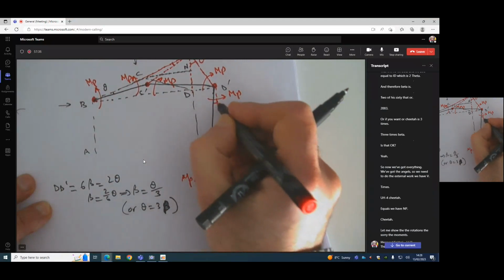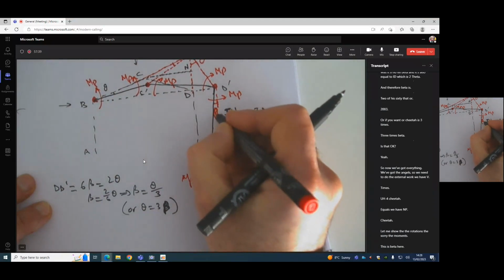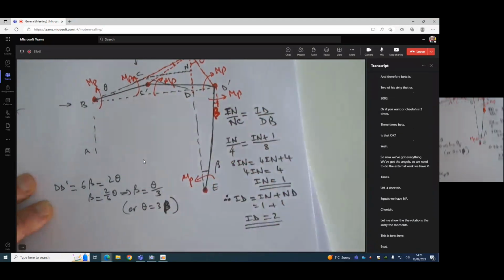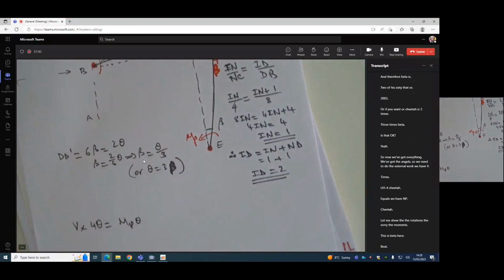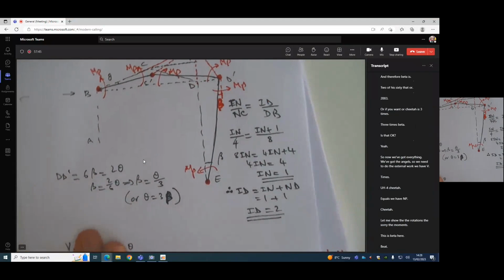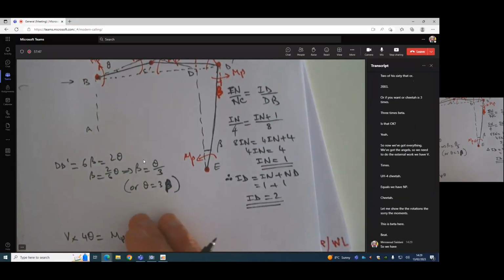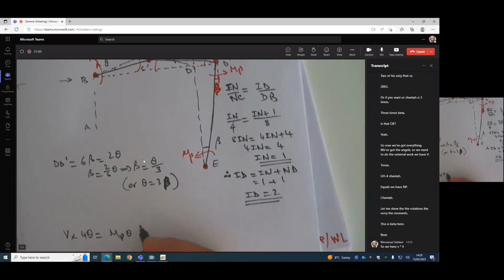This is beta here. Beta. So we have V times 4 theta equals MP theta.